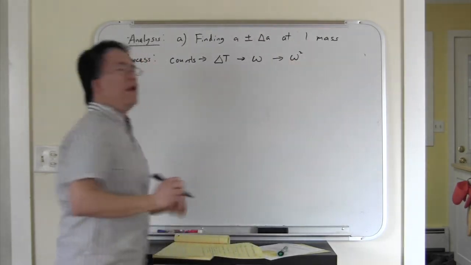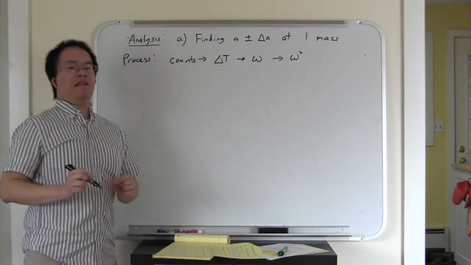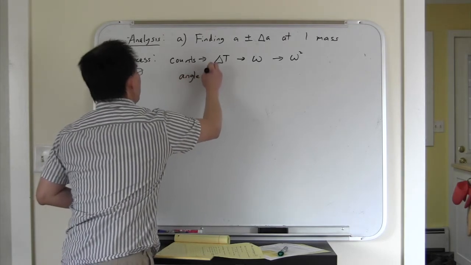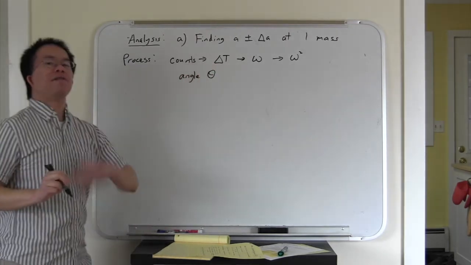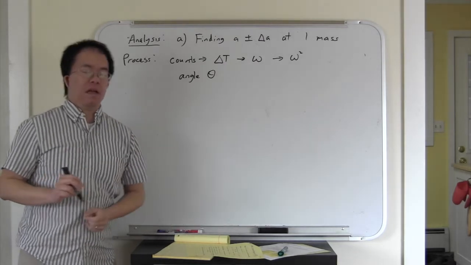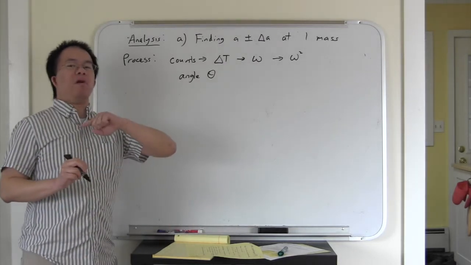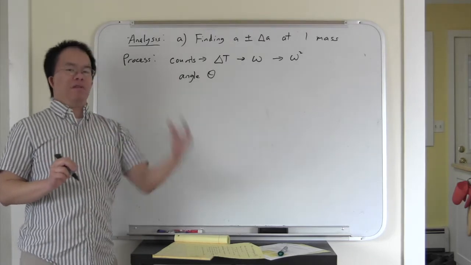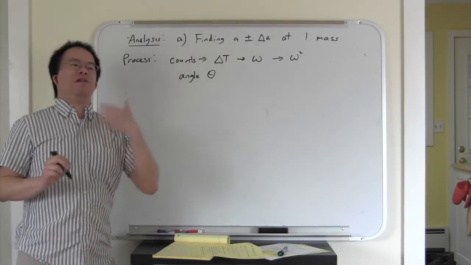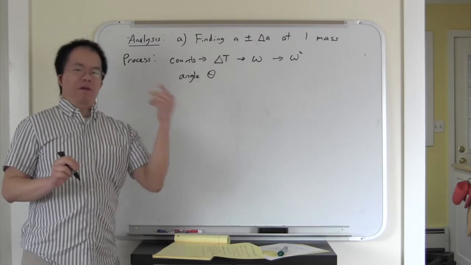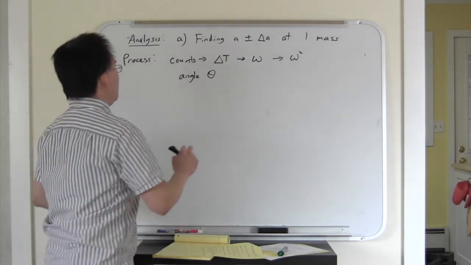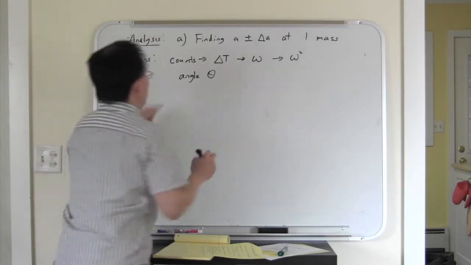The other thing is we need the angle theta since the beginning. We know that we're going to get a data point every 2/3 of a rotation. So we got our first data point at 0, then 4 pi over 3 radians, 8 pi over 3 radians, etc.